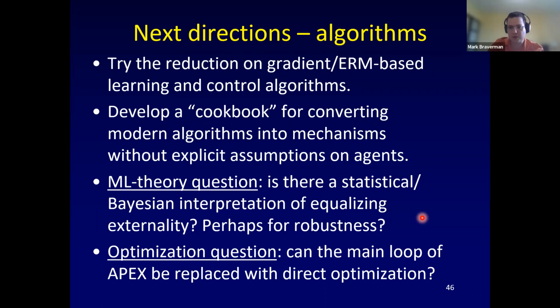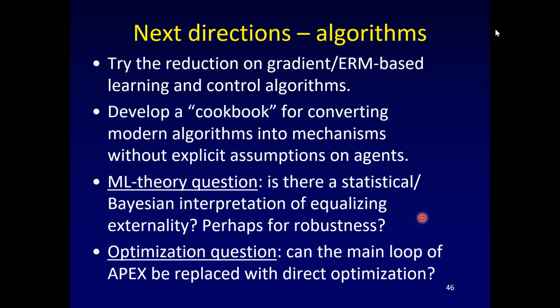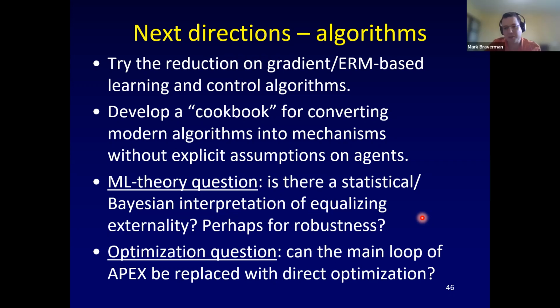It is a statistics question, and it corresponds to a different way of thinking about regularization. One way to think about regularization is I want to be correct on the examples, but I also have some prior belief about the world, and I don't like to be surprised. So I'm trying to navigate between those two things. And this is perhaps another type of regularization, that I don't want any example to get too much weight.